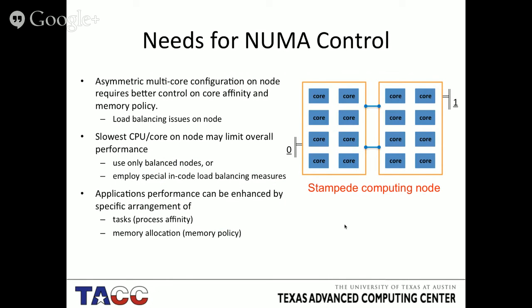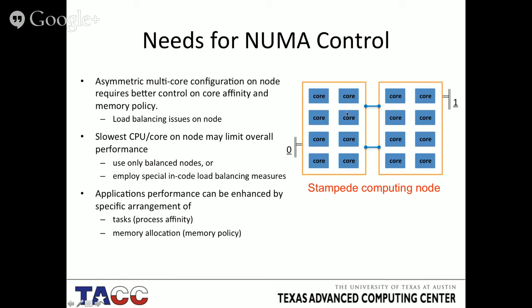So some of the things about using NUMA control: the idea is we want to control how the memory might be positioned for arrays that you're using, and where those initial, say, MPI tasks start, and then where all the threads run.